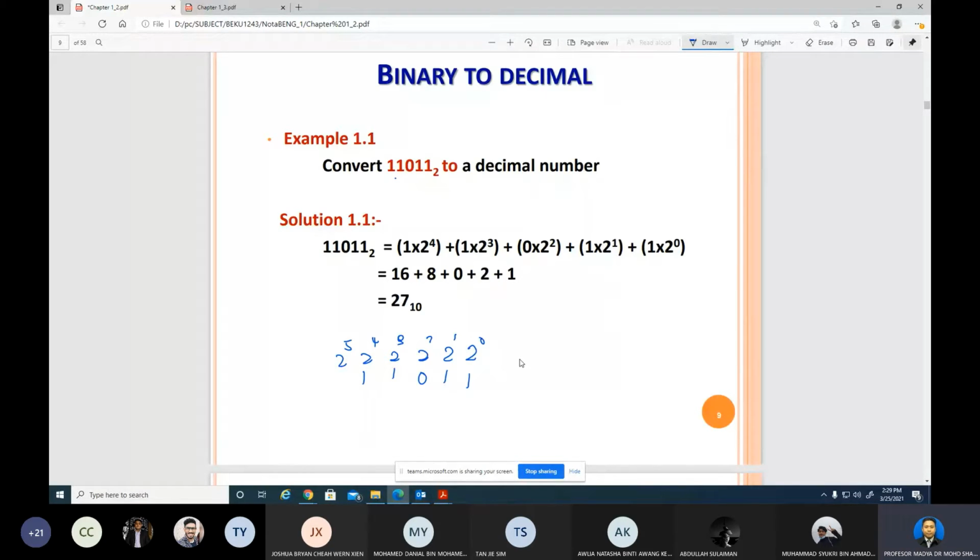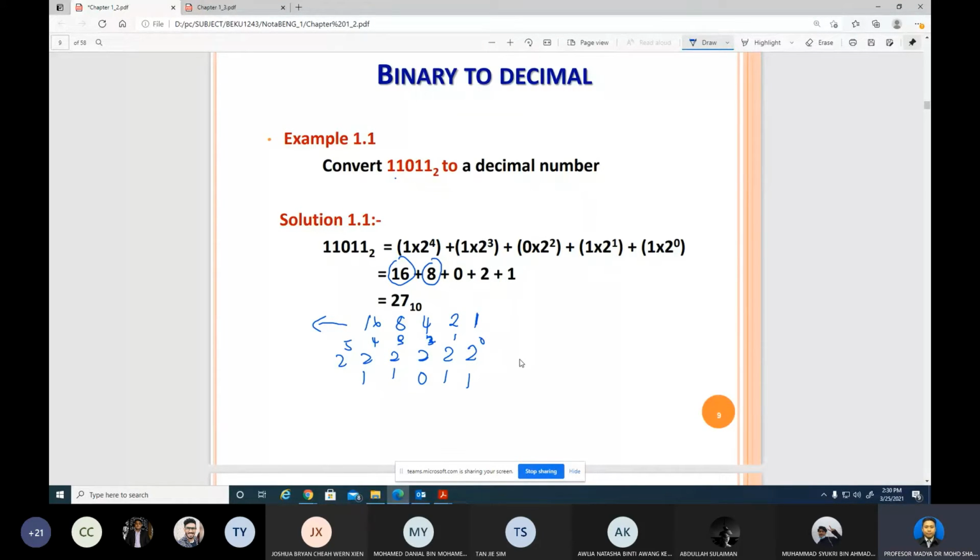So 2 power of 0 will be 1, this one will be 2, this one 4, this one 8, this one 16, and so on. So 16 multiplied by 1, and then 8 multiplied by 1.